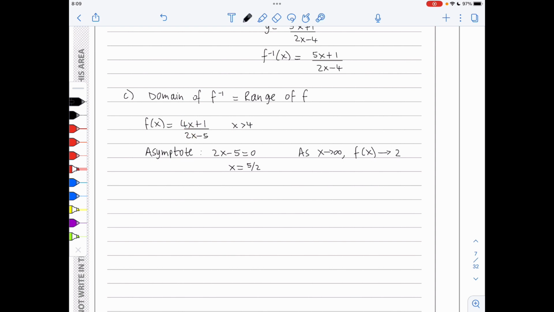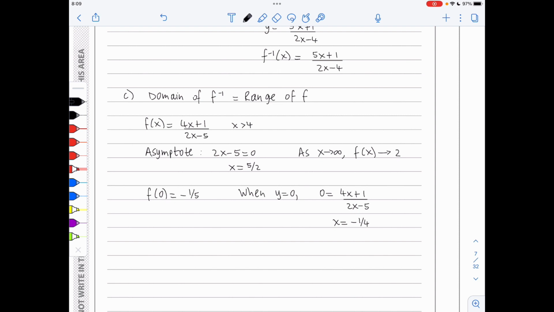I can also say that f of 0 is simply −1/5. This will be the cut on the y-axis. And also when y is 0, we get that 0 = (4x + 1)/(2x − 5), which means that x will be −1/4. So this will be the cut on the x-axis.